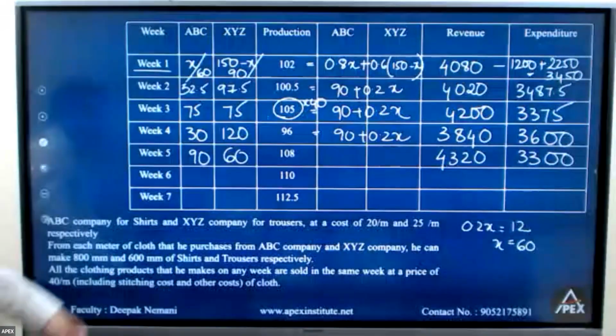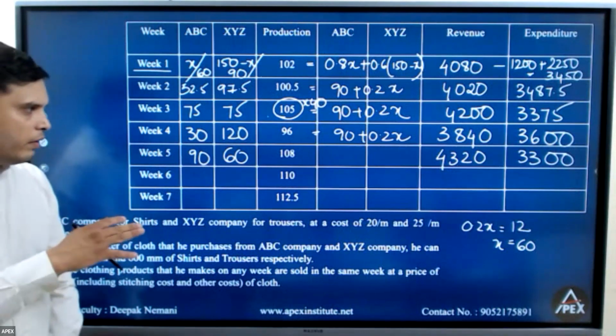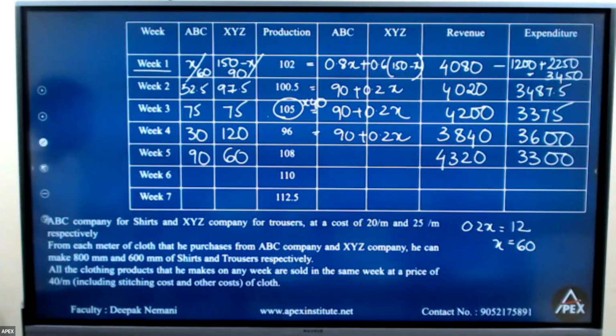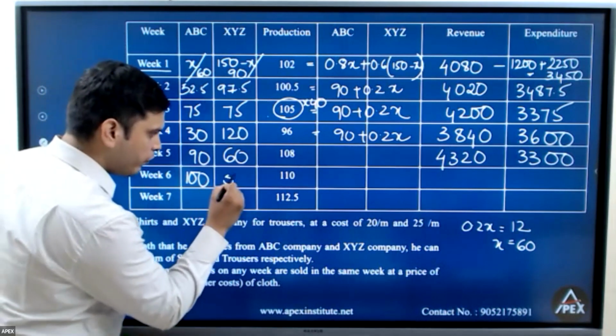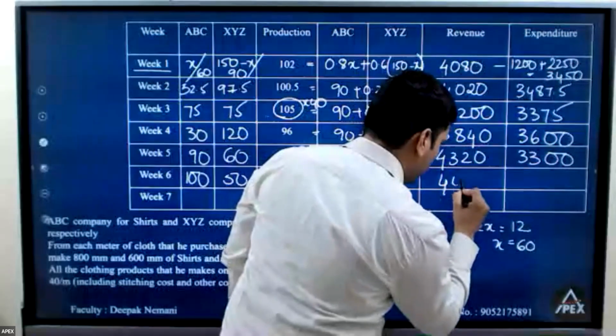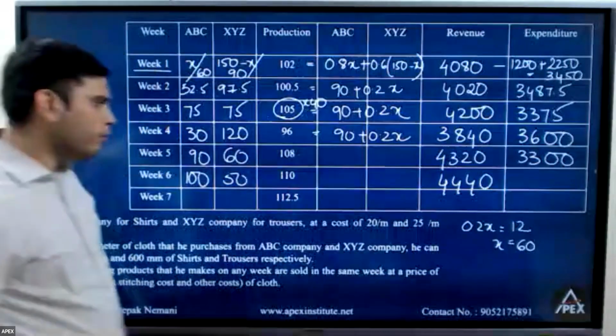Okay, so X is 40 kada? Sorry. 110 minus 90, 20 by 0.2, 100, sorry, 150. 110 into 4, 4440.